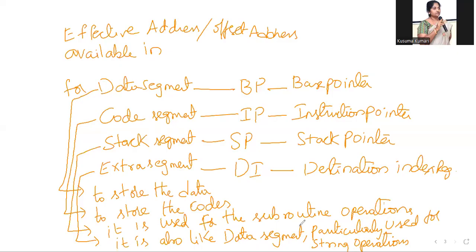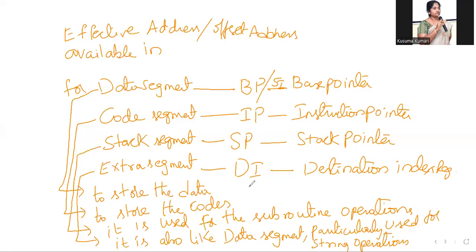When the microprocessor is performing string operations, the data segment offset address is available in the source index register, and the extra segment offset address is available in the destination index register.